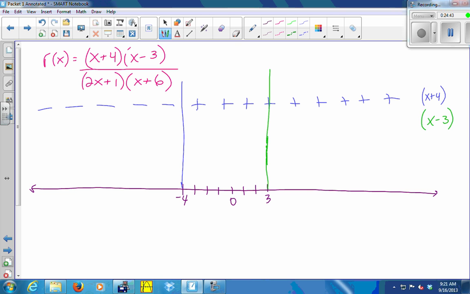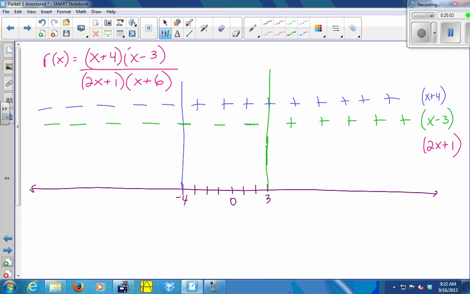Negative. So I put in all negative signs over here. And when I plug in something to the right of 3, x minus 3 will be positive. Positive signs over here.